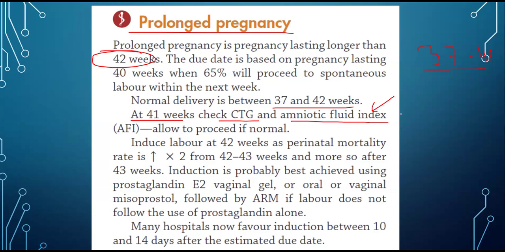If amniotic fluid is good and CTG is good, then you will wait for another week to see if normal vaginal delivery happens. But at 42 weeks, if there is still no sign of labor, then you start induction at 42 weeks. Induction is best achieved by either prostaglandin gel or vaginal misoprostol followed by artificial rupture of membrane.